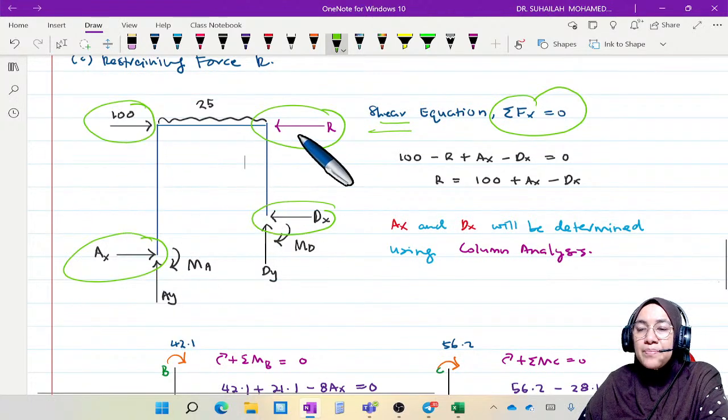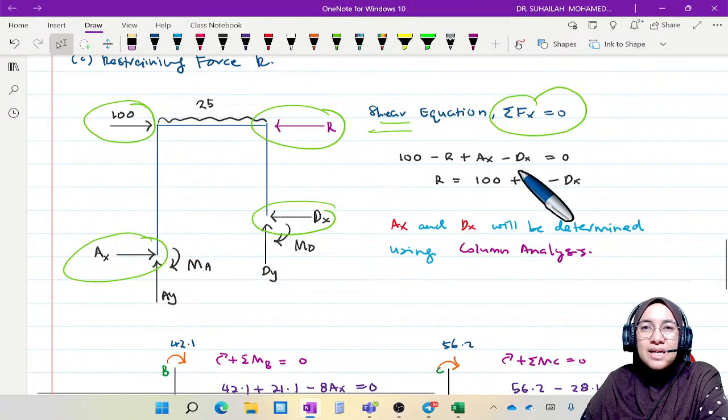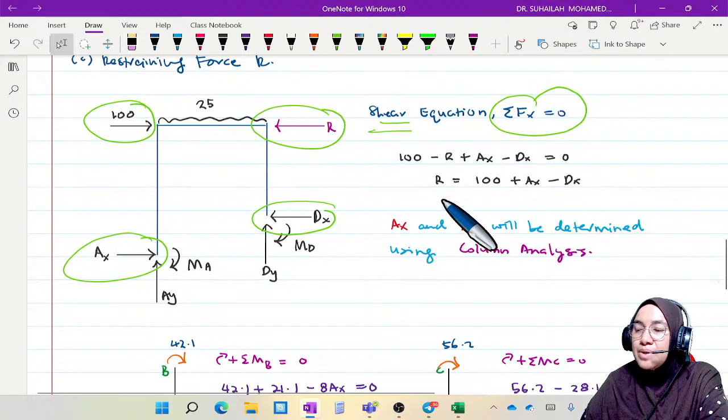Having these four horizontal reactions and forces, we can write the shear equation: total Fx is equal to 0, which is 100 minus R plus Ax minus Dx equal to 0. Rearranging this, we get R equal to 100 plus Ax minus Dx.